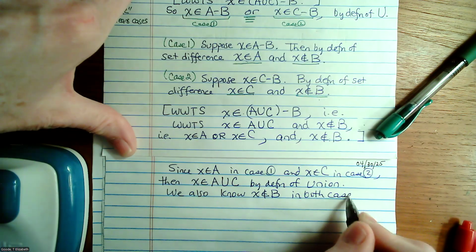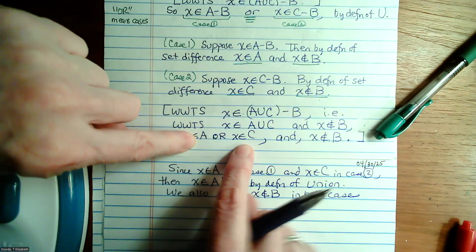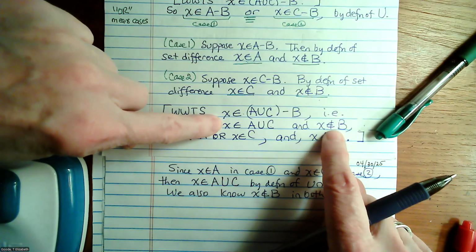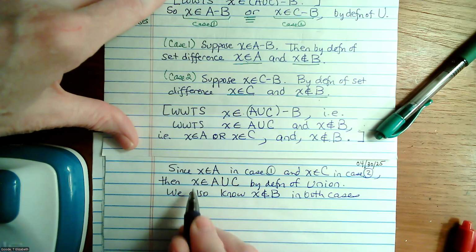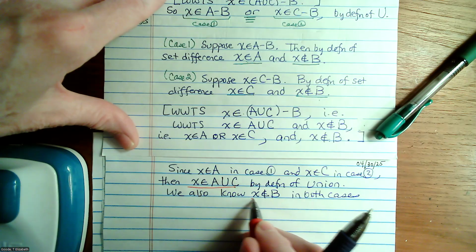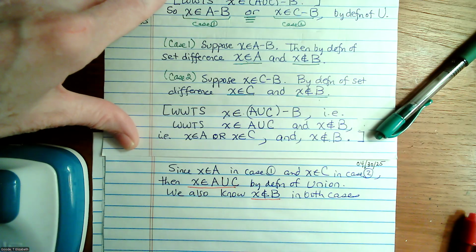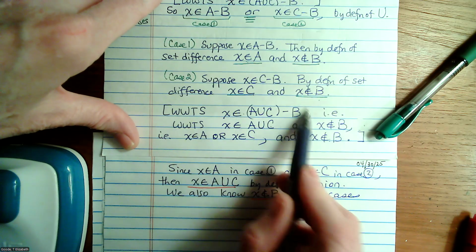And so now we're headed back to this. We got from here to here, and now it's one step to get X in there, because now we do have that X is in A union C, and we still have that X is not in B. So it's just one more sentence to get X where we really want it to be.